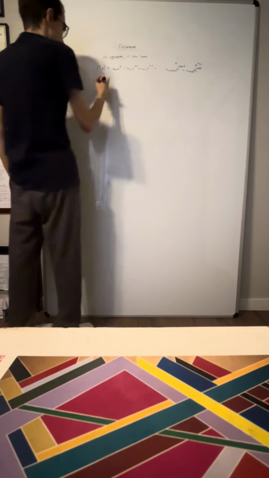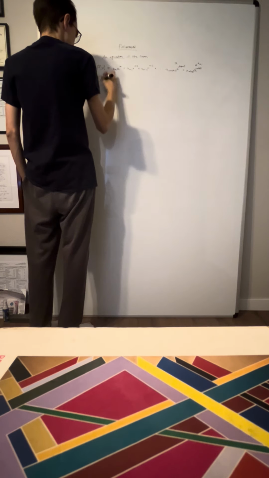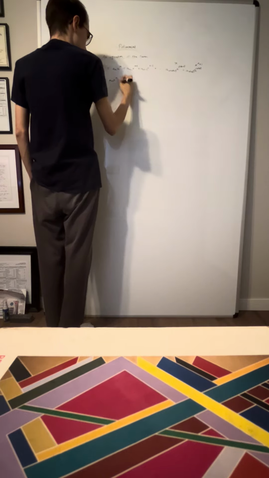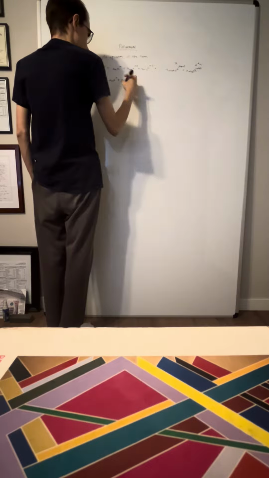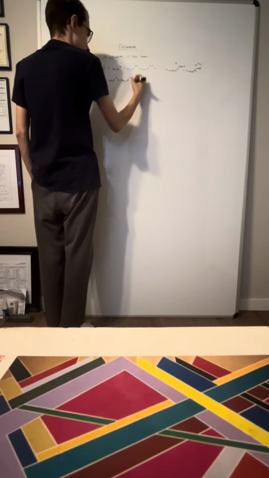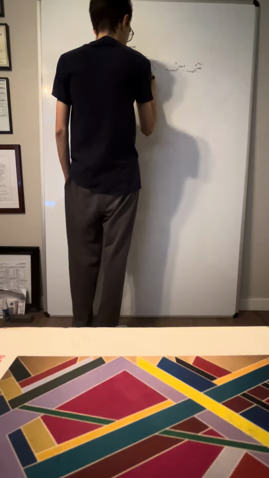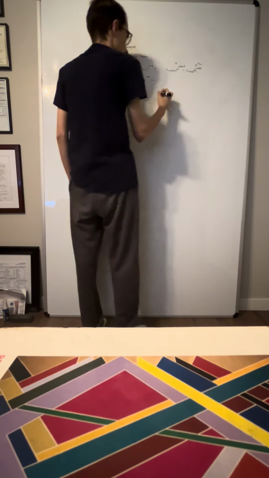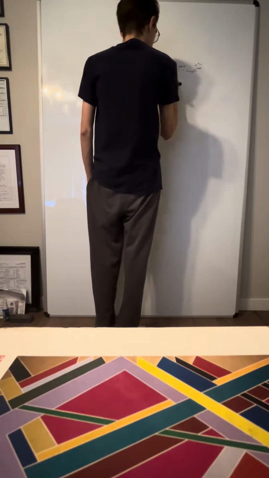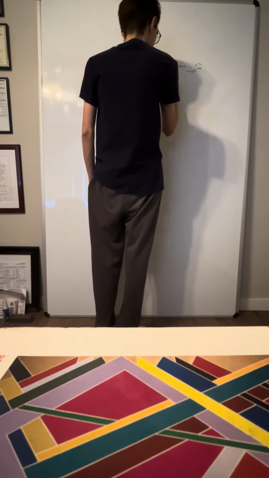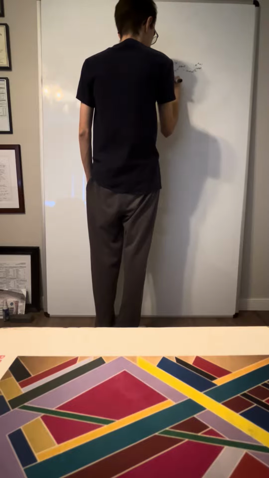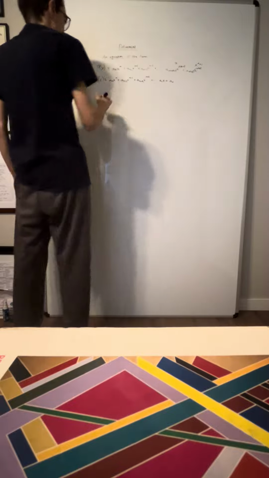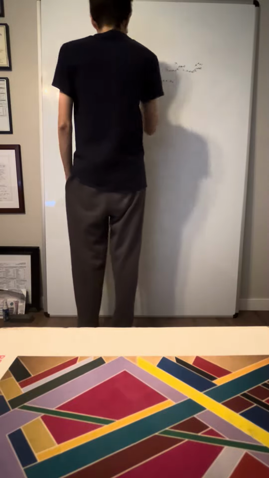So what we really can say is that p of x equals a sub n times x to the n plus a sub n minus 1 times x to the n minus 1 plus a sub n minus 2 times x to the n minus 2, all the way down to some a sub 1 times x plus some a sub 0. And okay, so this is what a polynomial is.